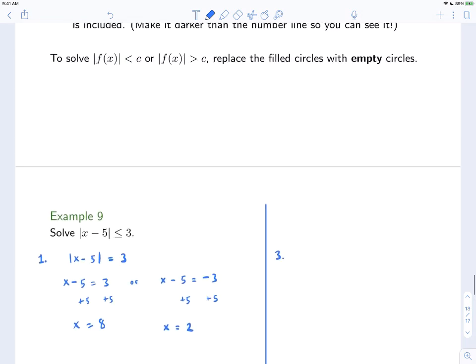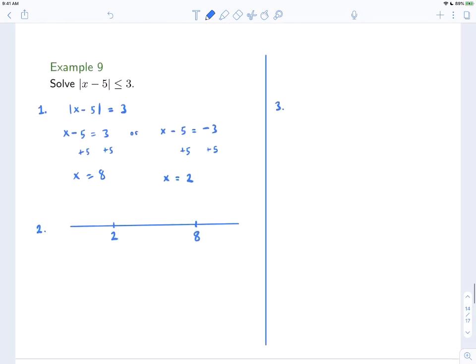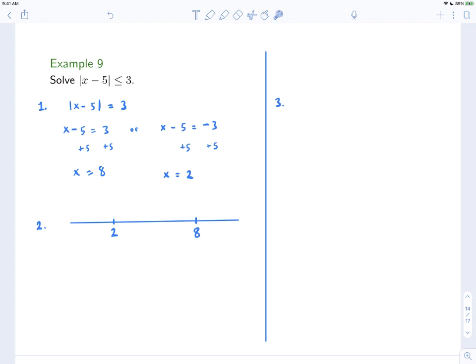For step 3, we test one number in each interval. We want to pick something to the left of 2. A good example would be x equals 0. So you plug that in. Our inequality is the absolute value of x minus 5 is less than or equal to 3.